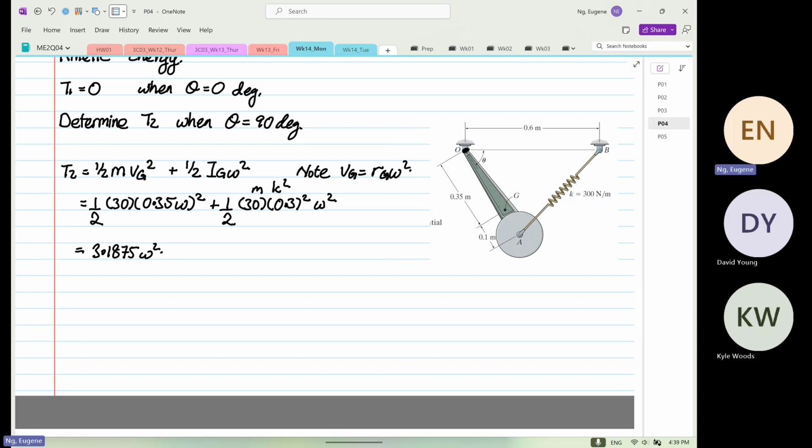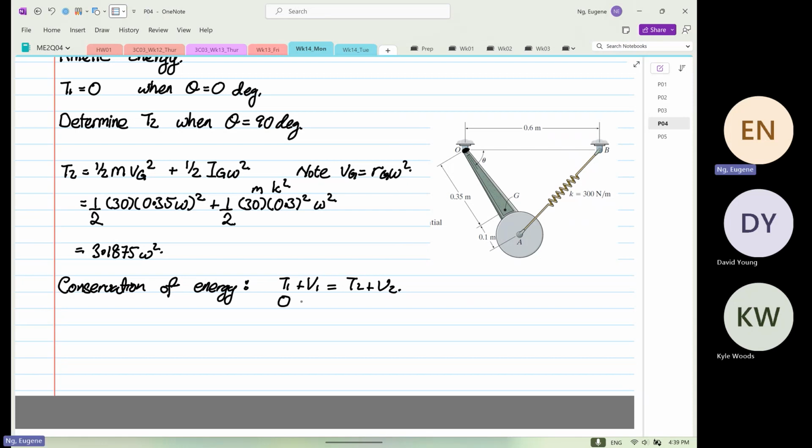So we apply conservation of energy: T1 plus V1 is equal to T2 plus V2.